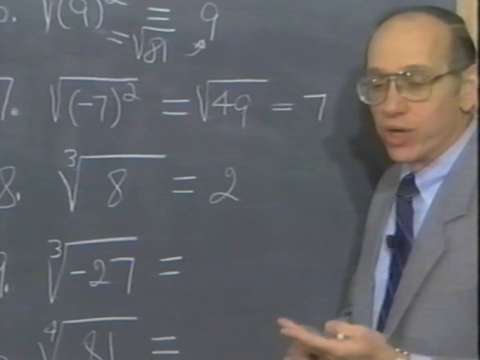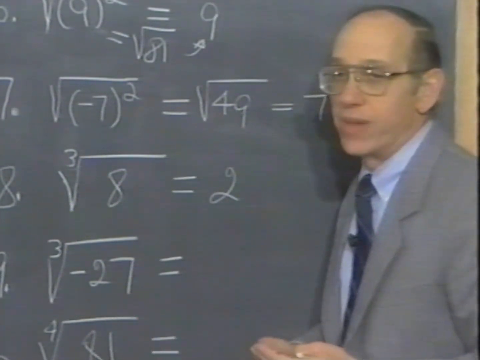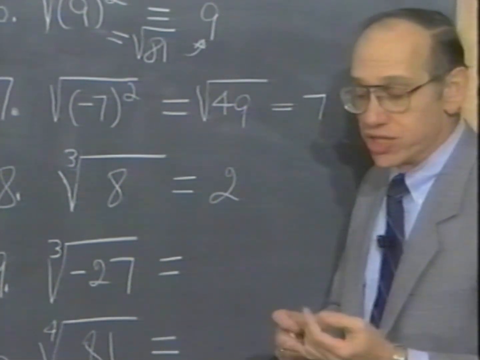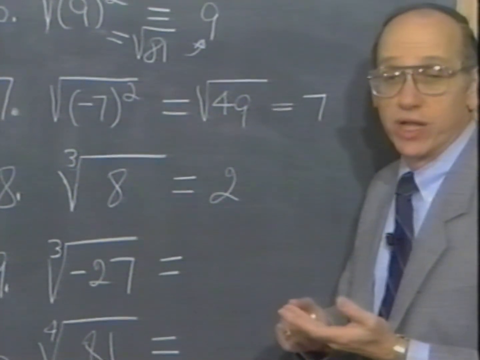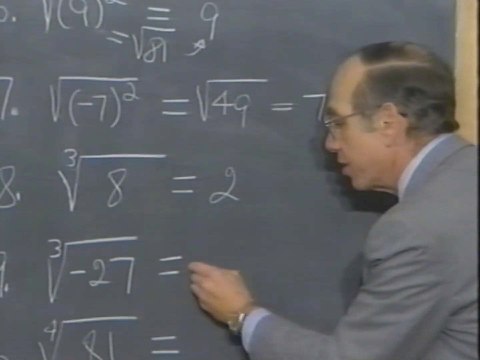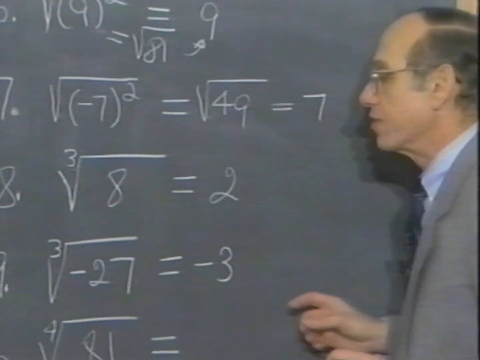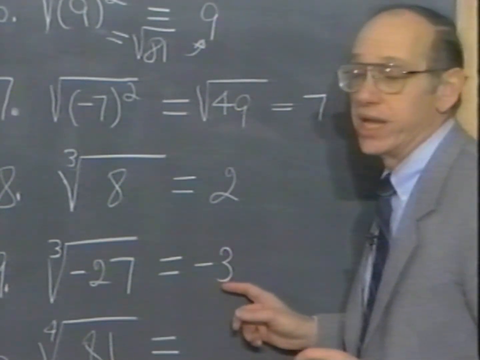What number can I multiply by itself and then by itself again to result in minus 27? And the answer is minus 3, because minus 3 times minus 3 is plus 9 times another minus 3 is minus 27. So the cube root of the negative number is a negative number, and in this case that negative number is minus 3.